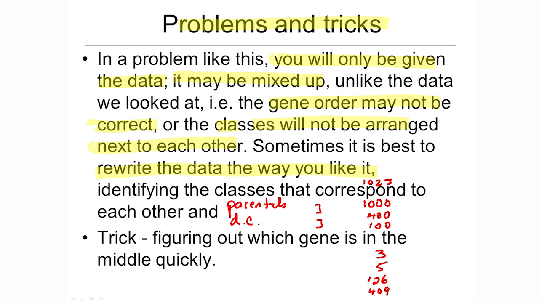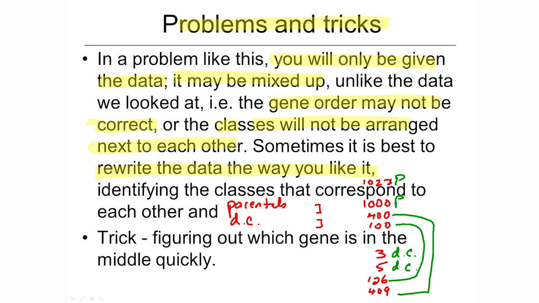You could quickly go down, and in this case it would be obvious. You'd say those are both parentals, they're present in such high number. These are both double crossovers, they're present in such low number. And in this case, it's pretty clear because of the numbers that the 400 and the 409 go together, and the 100 and the 126 go together as corresponding members of recombinant classes.